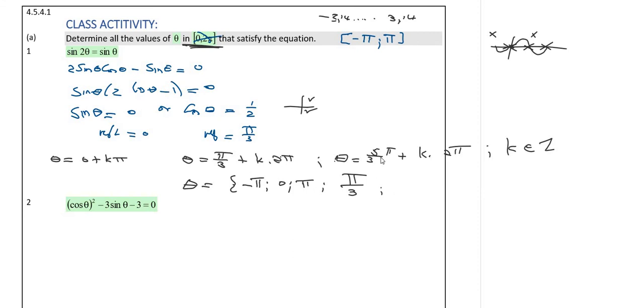And then 5 pi over 3 here is also out, because it's more than 3,14. So let us do 5 pi over 3 minus 2 pi, because it's going to repeat every 2 pi.